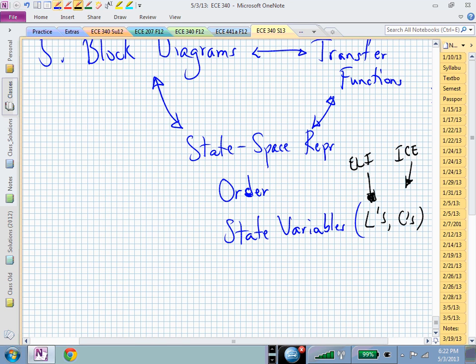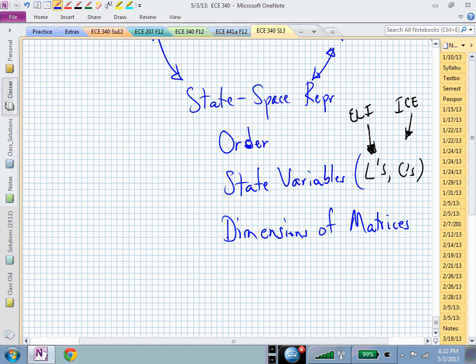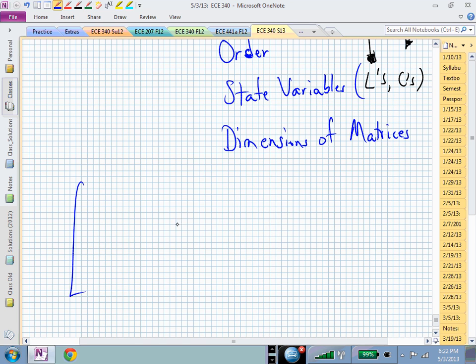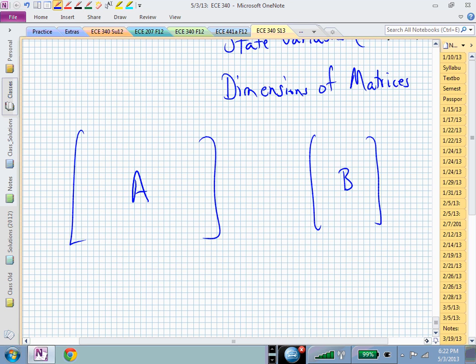And you should be able to find the dimensions of all of these matrices. Where the matrices should be compatible, meaning A and B are the same height, same number of rows. They don't necessarily have to have the same number of columns.